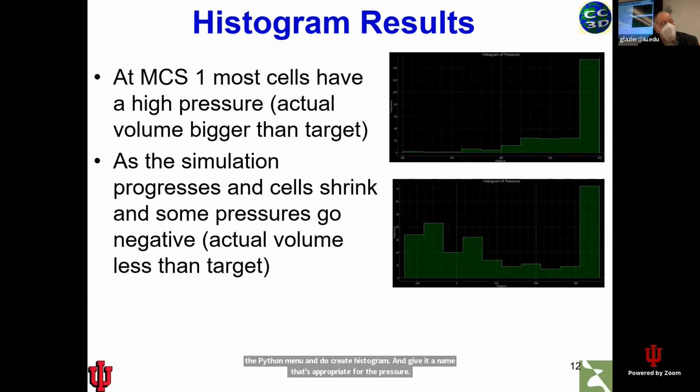And then in the step function, first create an empty list, loop through the cells, and append the cell.pressure to the list. And then outside of that loop, paste in from Twidit a plot histogram function. So I'll give people a chance to do that. And when you've got it, if somebody wants to show me their results, that would be great. And if people need help, please speak up.